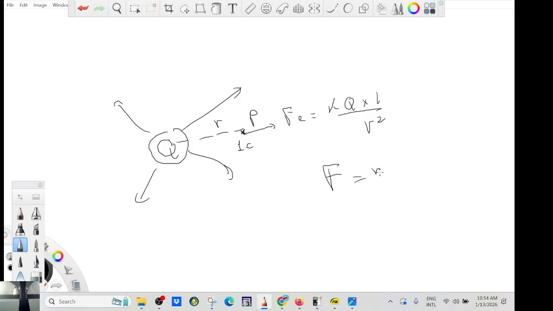Likewise, F equals mg, the gravitational field, you can think of that as the gravitational force divided by the mass. Force per unit mass, force per unit Coulomb, so for 1 Coulomb. This is called the test charge. It's like you are testing, but you are not interfering with the source.